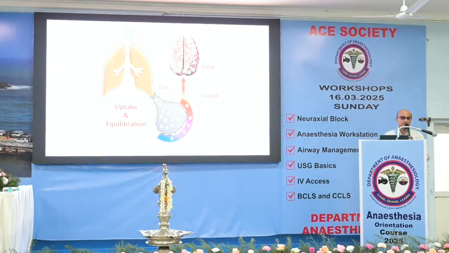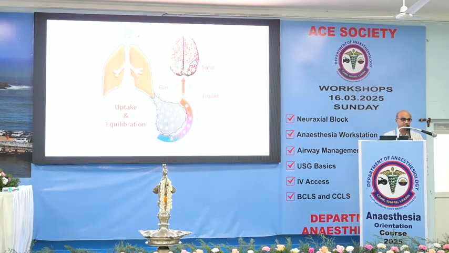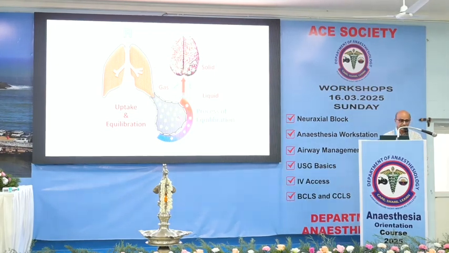So what are we trying to achieve? We want to achieve equilibration of these vapors in all the three media, that is in the vapor, in the gas form, in the liquid, and in the tissue. Once this equilibration has been achieved, it is called a steady state, and that is where the patient is properly anesthetized.